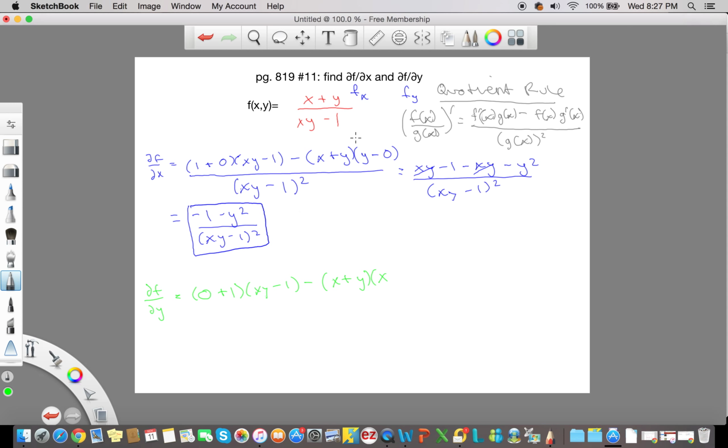Similarly, the derivative of negative 1 is 0, so it's minus 0. And that's all over the bottom squared. That's just following the quotient rule.